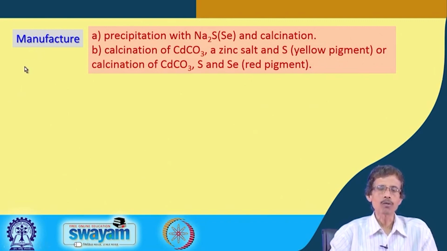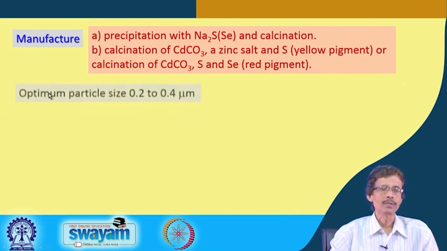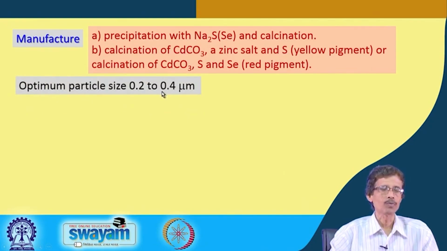So, individual salts you can use, with zinc as the reduction material for some part, sometimes the zinc salt is also used along with the corresponding sulfide for getting cadmium sulfide, and sulfur as well as selenium for getting the corresponding sulfoselenide form. The particle size should be a little bit higher, which is 0.2 to 0.4 micrometer in size, not in the picometer range for very fine particles or in the nanometer range.